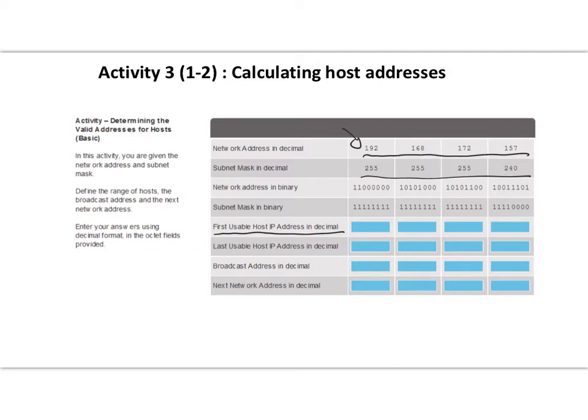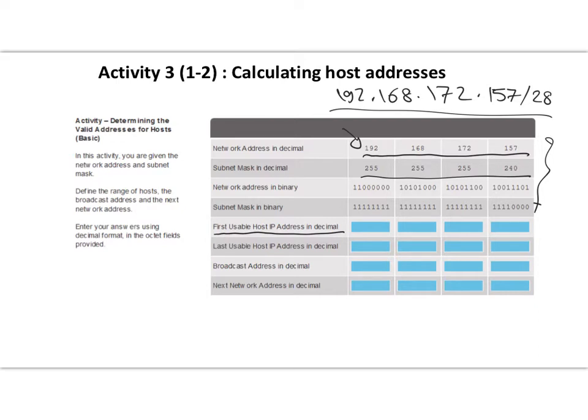Of course, I can instead tell you 192.168.172.157 slash 28, right? So this is equivalent to this. In fact, in the exam, I will give you this. I will not give you all the binary equivalents.